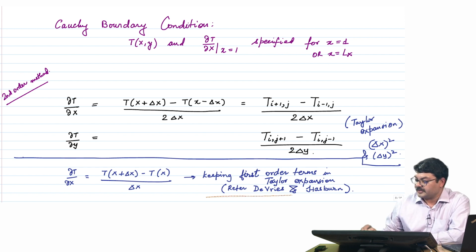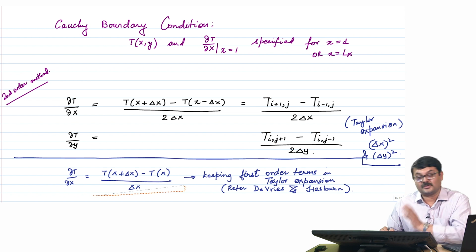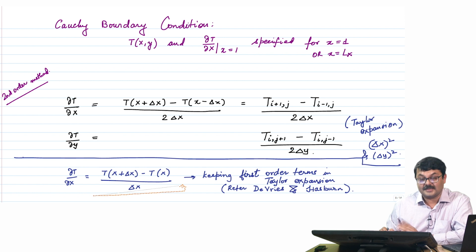So, you can refer to this book if you want to know more about first order expansion, second order expansions, stability. When you mix up terms with first order expansions like this with second order expansions for, suppose, the second derivative d2T/dx2, there are certain stability conditions to be maintained, to be checked for.